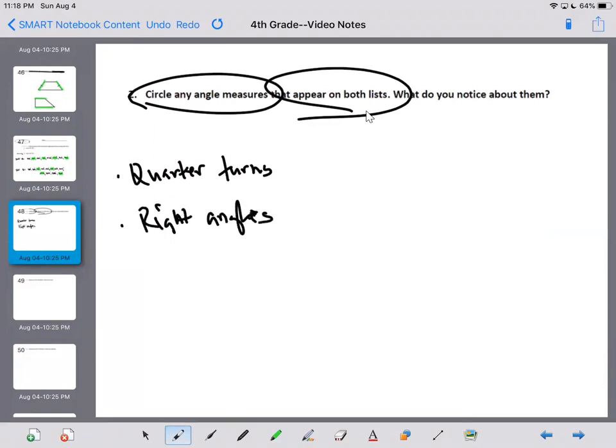So if you think about the circle, the 180 to the 270 to the 360. So if you think about the quarter turns within a circle, you've got your 90 and then another 90. So you're looking at all of these here, which are all right angles.